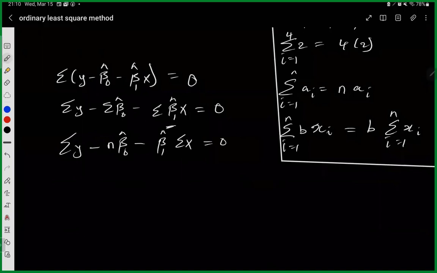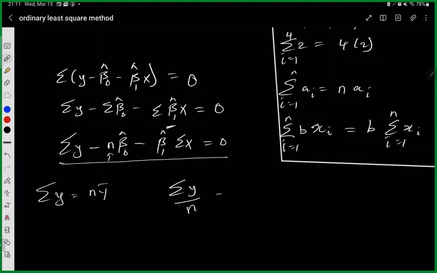Now here, how we progress from this point is we're going to rewrite the whole thing in terms of this n that we've introduced, so that we can factor out what is common among them. Now this summation y is equal to n y bar. Why? From the first class, remember, summation y over n is the mean, not so?